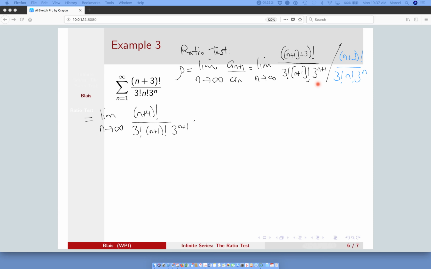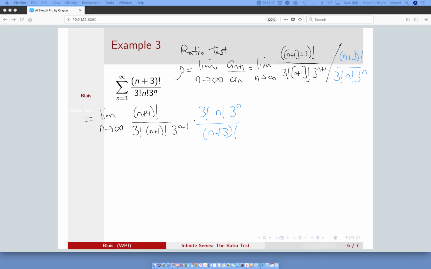And then dividing by this blue term is the same as multiplying by its reciprocal. So we can write that as 3 factorial times n factorial times 3 to the n over n plus 3 factorial. And now start canceling.